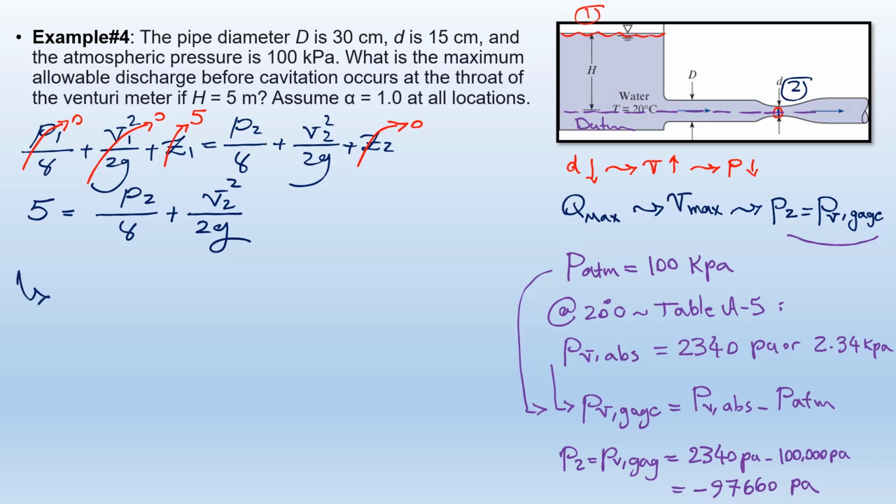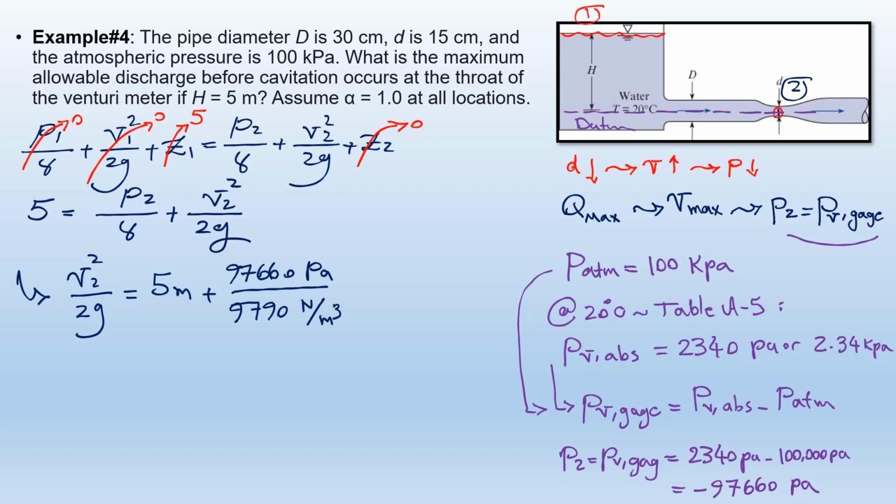So reorganizing this equation, velocity at section 2 to the power 2 divided by 2g will be equal to 5 meters plus 97,660 Pascal divided by 9,790 Newton per cubic meter.